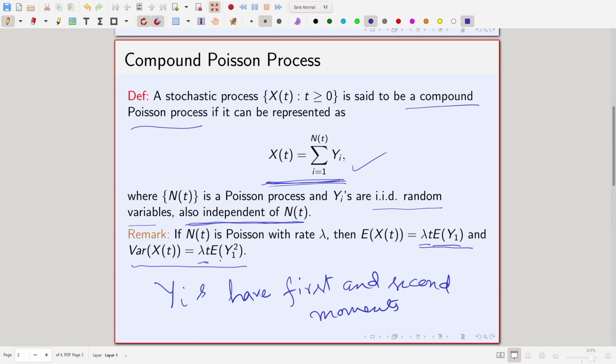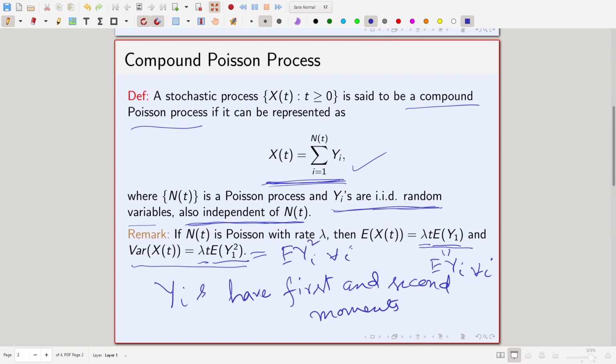But one thing you should be careful about: it is not the variance of Y_1, but rather the second moment of Y_1 squared. Remember these are all iid, so the expectation of Y_i is the same as that of Y_1 for all i, and similarly the expectation of Y_i squared.